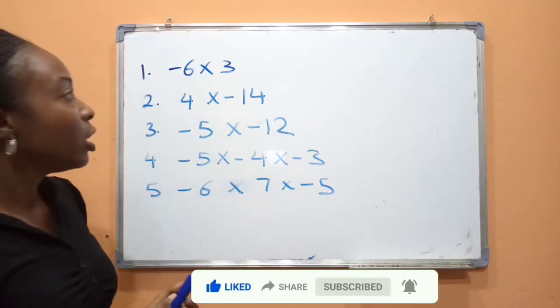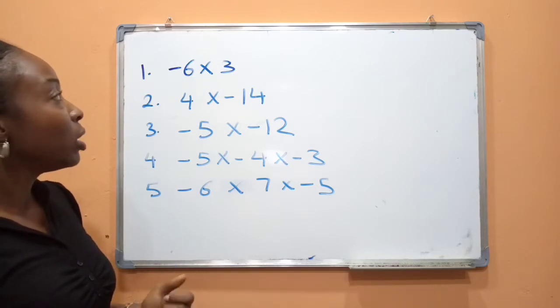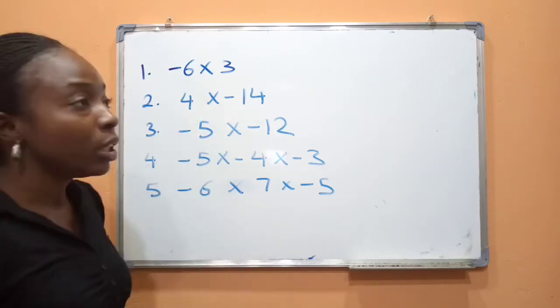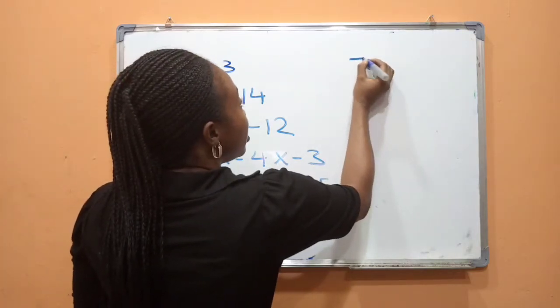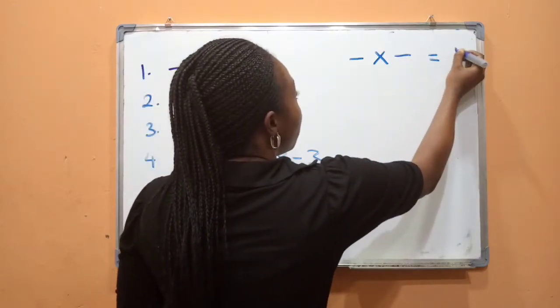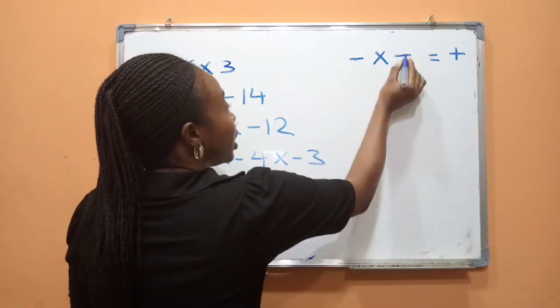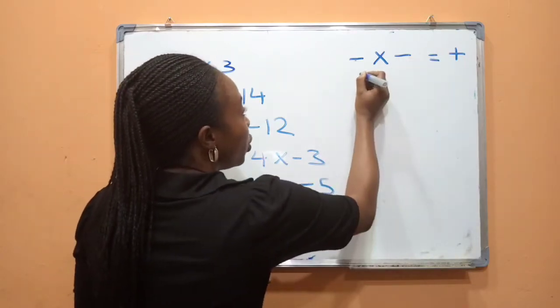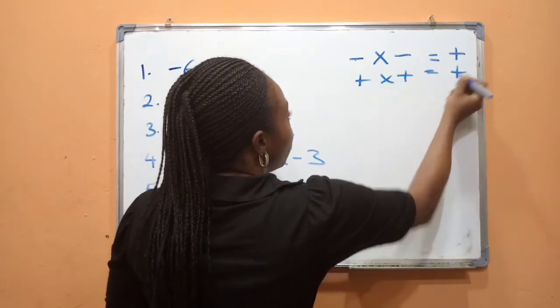Now, whenever you want to multiply numbers having different symbols, here's something you should note. Whenever you have same signs, same symbols being multiplied, it's going to give you a positive result, okay? So when you have minus times minus, it gives you a positive result, and when you have plus times plus, it's still going to give you a positive result.